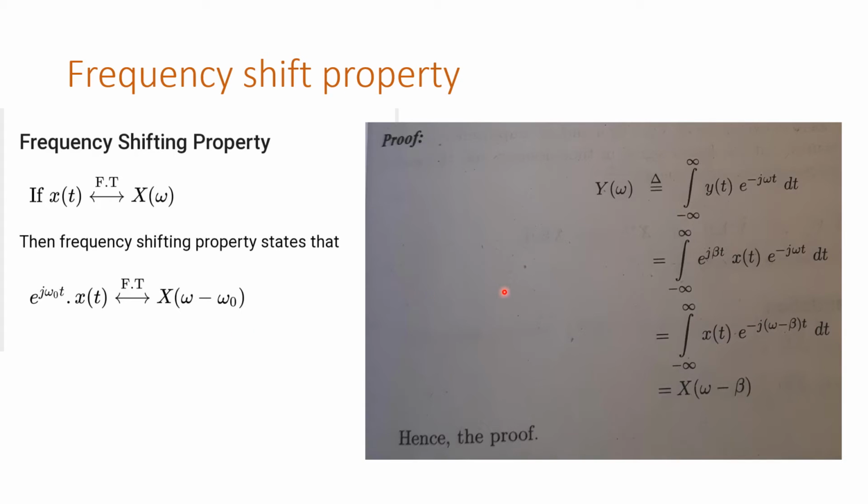In the proof, I have considered y of t is equal to e to the power j beta t into x of t, whereas beta is omega naught.